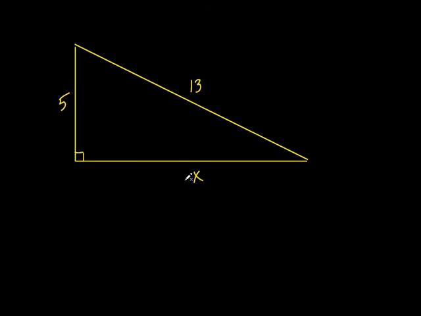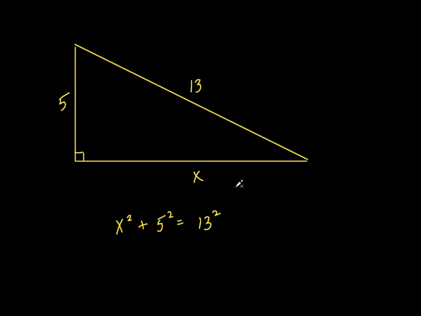What are we going to do here? For some reason, I always like the x to go first, so I'm going to do this. I'm going to square both of the legs, right? So x squared plus what? 5 squared. And what's that going to equal? 13 squared. The one that goes by itself, the one that's not being added to the other stuff, that's always the hypotenuse. Everybody see that? So this is your hypotenuse. Now, in the problems that we did earlier, we always solve for the hypotenuse. We solve for c.